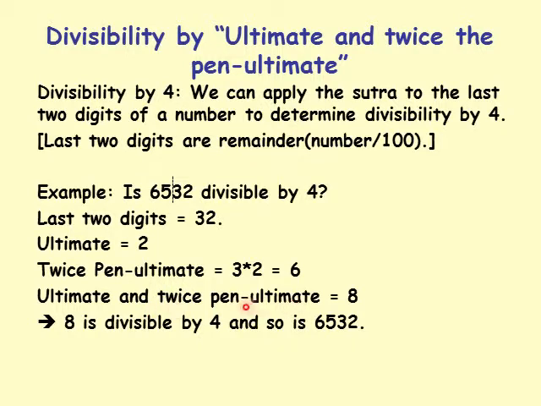Add them together: 2 plus 6 is 8, and 8 is divisible by 4. 4 times 2 is 8. 8 is a multiple of 4. That means 8 is divisible by 4, and so is 6532. If somehow you could say right here that 32 is divisible by 4, we didn't have to go through those steps. But we did want to show you the use of the sutra, that we can use it to determine divisibility by 4. Let's continue.